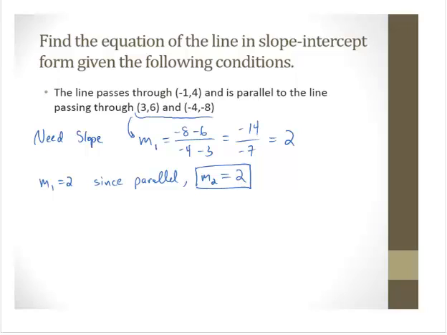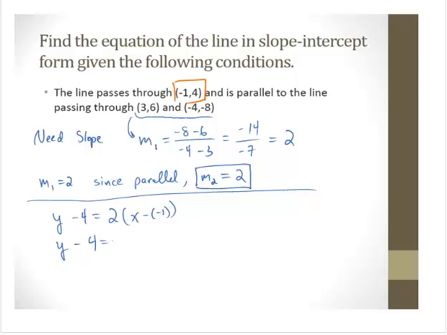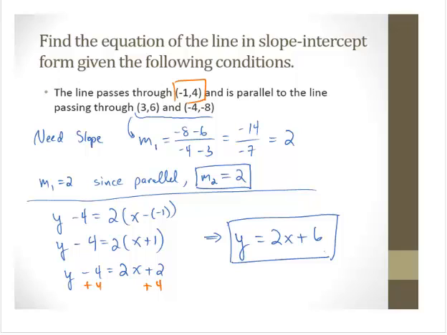So I have the slope, and the line is passing through (-1, 4). I'm going to write point-slope form. y minus 4 is 2 times x minus -1. I will simplify, apply the distributive property, and add 4 to both sides to isolate the y variable. And that gives me y equals 2x plus 6.